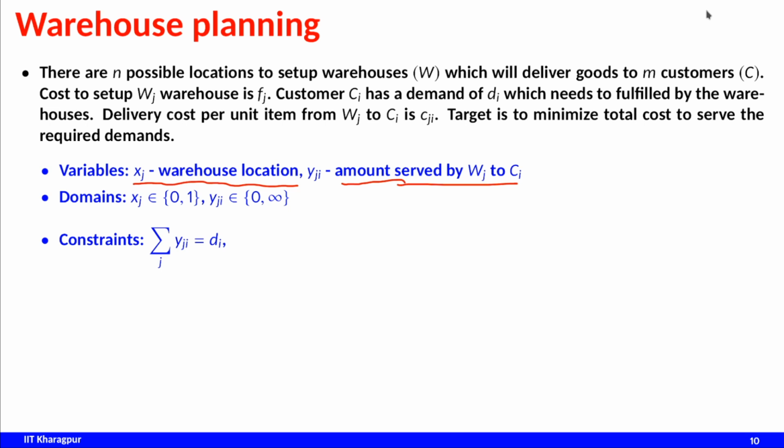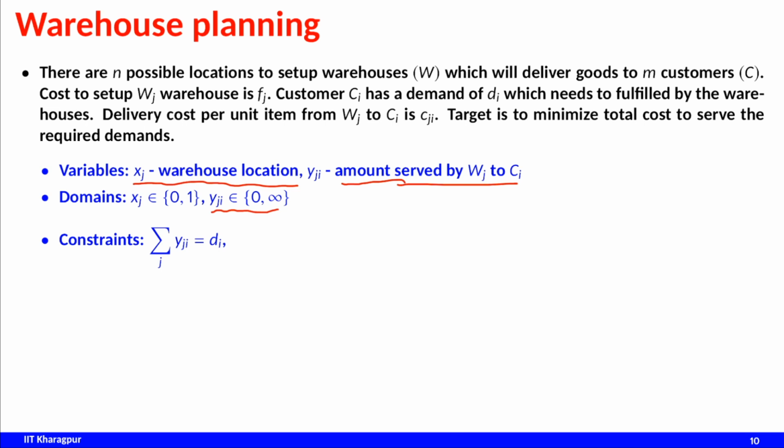We do not know how much it can deliver, so yji can be from 0 to infinity. If we choose a certain place, it can deliver whatever amount it wants to deliver.